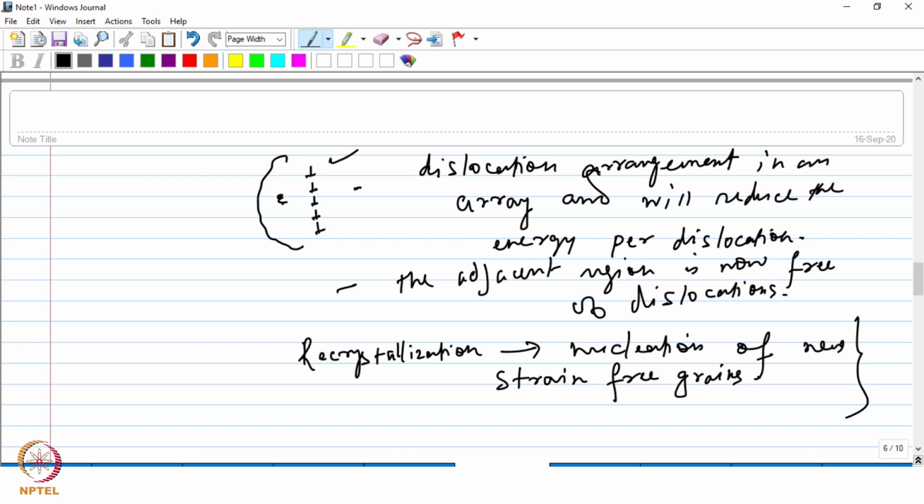That is how you can define the recrystallization process as nucleation of new strain-free grains, because as you would have seen before, the grains after the cold working process are strained, are deformed. So if you want to recover them, you need to actually nucleate new grains which are free of strain. Okay? So that is the process known as recrystallization. And there is a particular mechanism by which the new grains can form. So let us look at those nucleation mechanisms by which the new strain-free grains can form.